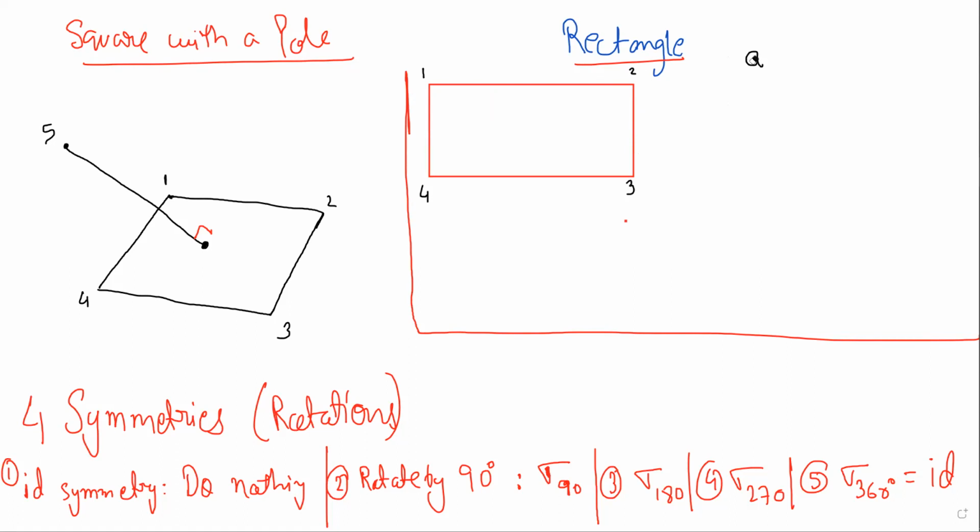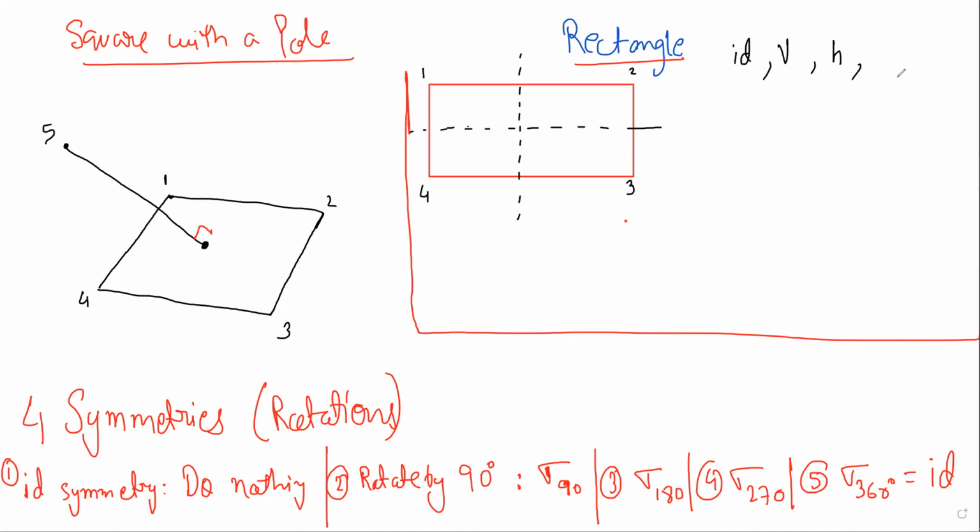Let me not use A, let me use V. V is for the vertical symmetry, okay? This is just the notation for that. H is the horizontal symmetry. And then obviously there is one which is the identity.